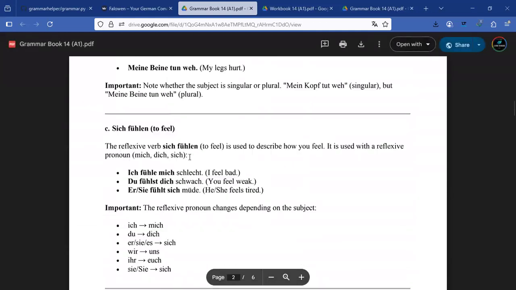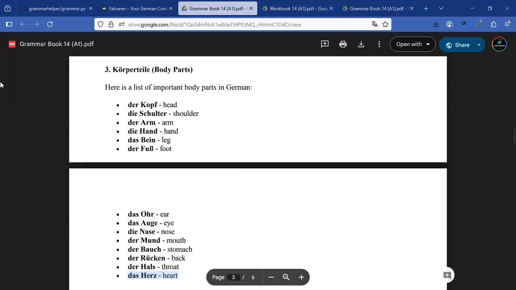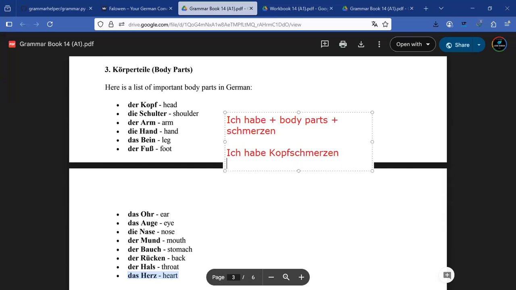Like I said, it's going to be ich habe plus the body part plus Schmerzen. So if you have a headache, you're going to say ich habe Kopf Schmerzen. That means I have head pain. If you have shoulder pain, you're going to say ich habe Schulter Schmerzen.